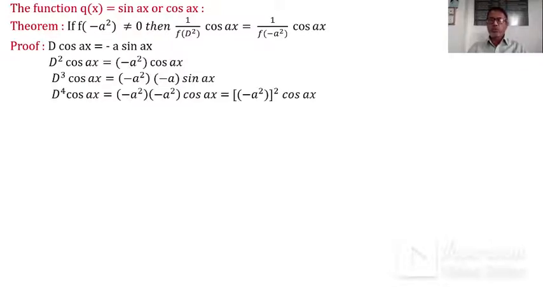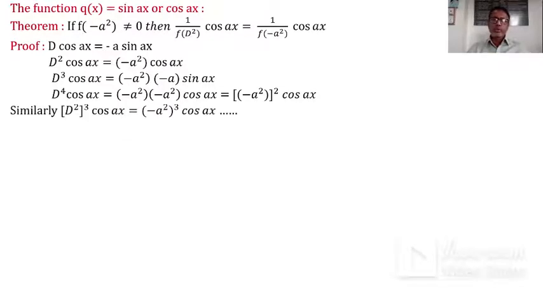This is equal to minus a square into minus a square into cos ax, or we can write this as minus a square whole square into cos ax. Go on continuing. D to the power 4 means D square squared cos ax.